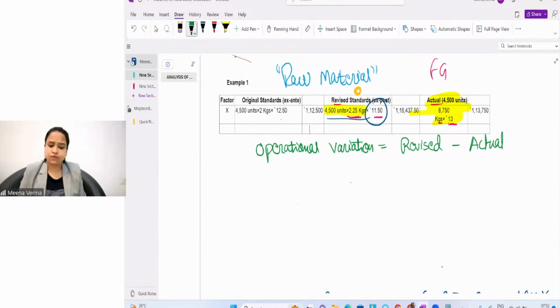This will give you operational variations, right? Now the point is that we will find these operational variations for everything: for usage variance, for the price variation, for everything.